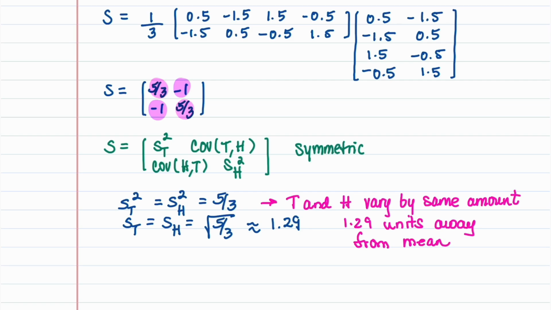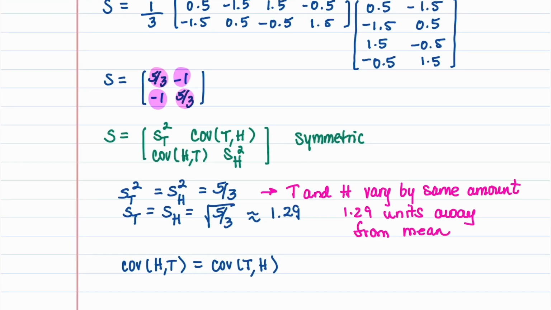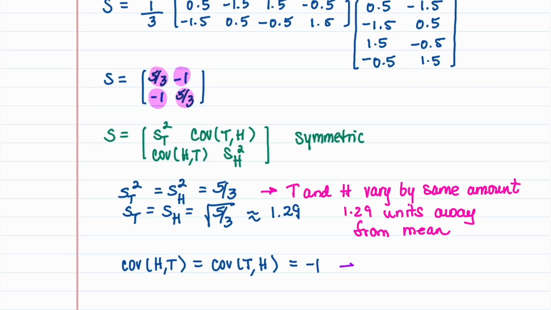Now let's look at the covariances. The covariance between h and t is equal to the covariance between t and h, and it's equal to -1. This tells us that t and h move in opposite directions.